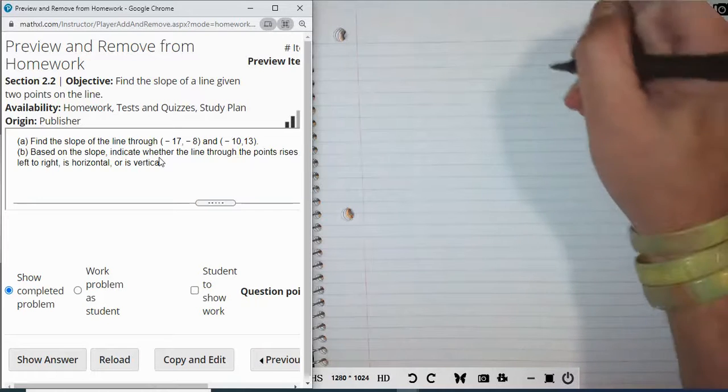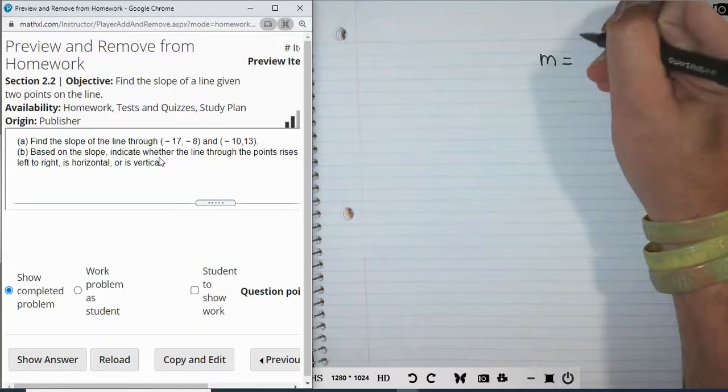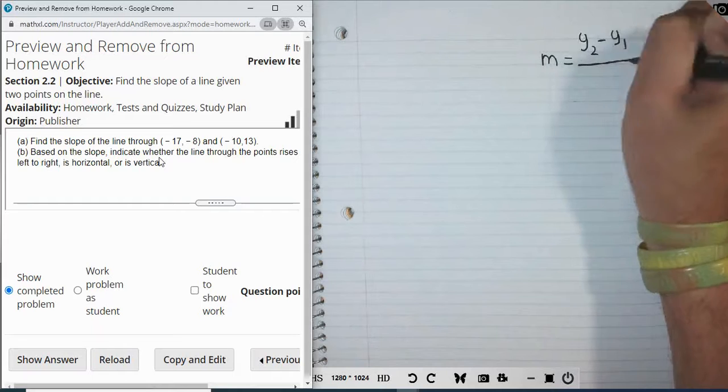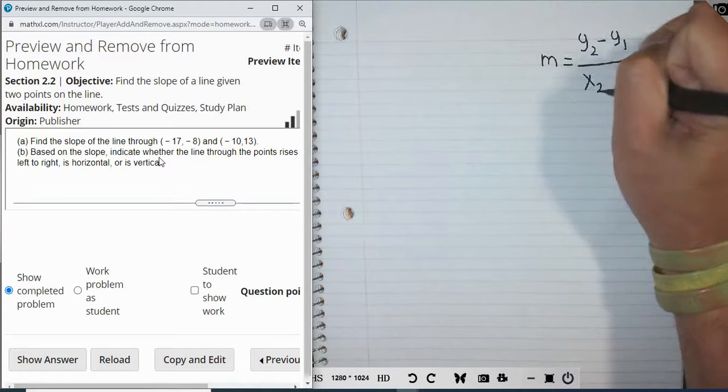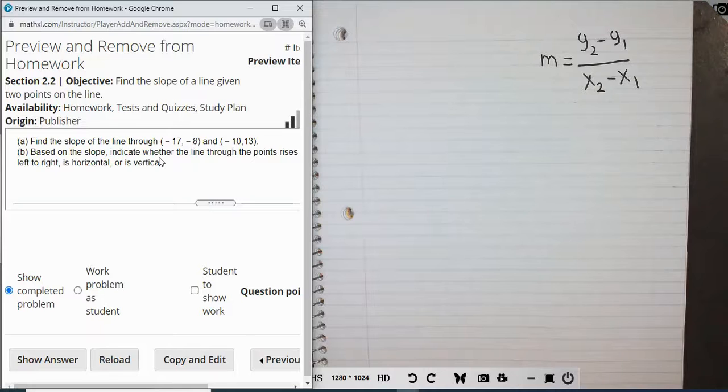Just a reminder, our slope formula, indicated by the letter m, is y2 minus y1 over x2 minus x1. The more important thing is to keep all these things lined up. Like I said before, I like to say, I'm going to grab this one minus this one over this one minus that one.